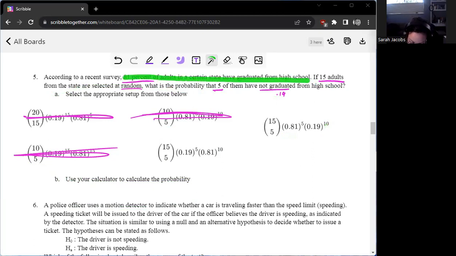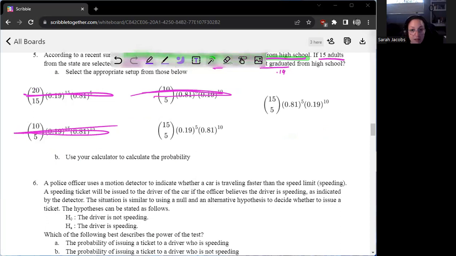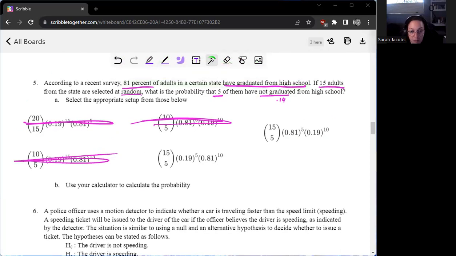81% have graduated from high school. They have graduated from high school. But then we want to know that 5 of them have not graduated. So if 5 of them have not graduated, there's a 19% chance of that happening, and it needs to happen 5 times.